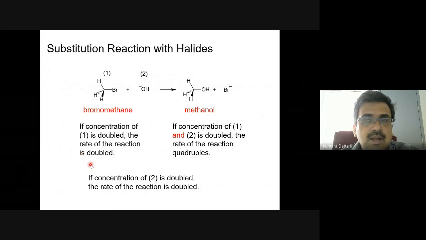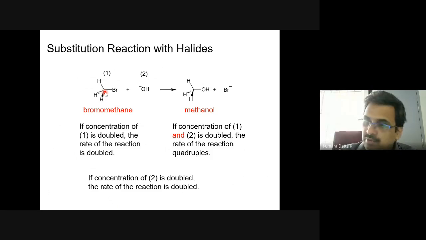Now let us carefully look at substitution reaction with halides. In yesterday's class, we looked at carbon substituted with different functional groups, for example, methyl, tertiary butyl group. Now let us take a simple system like methane, which I think many of you are aware of.